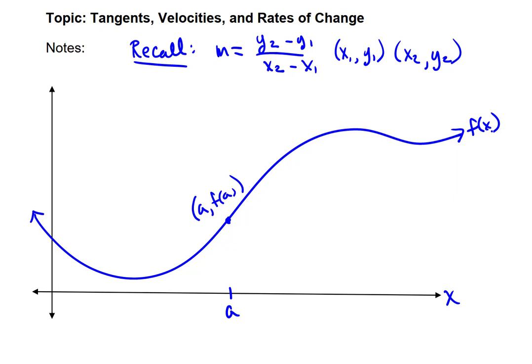You could say y equals f of x. So a comma f of a is a point that we have on our curve.